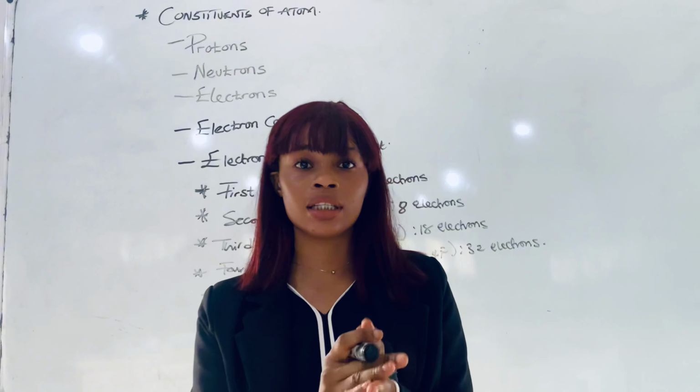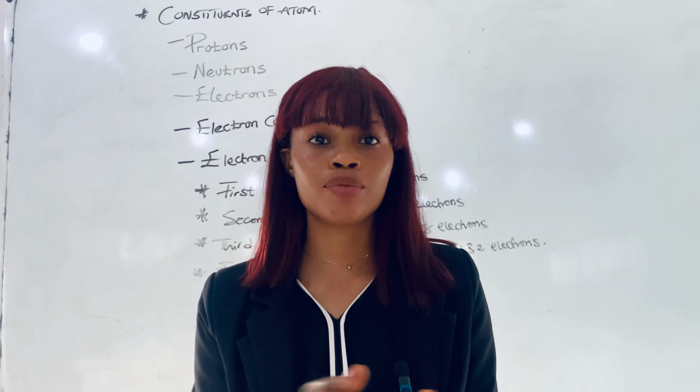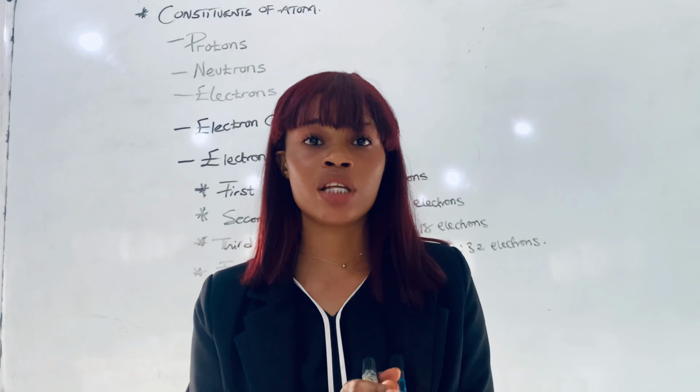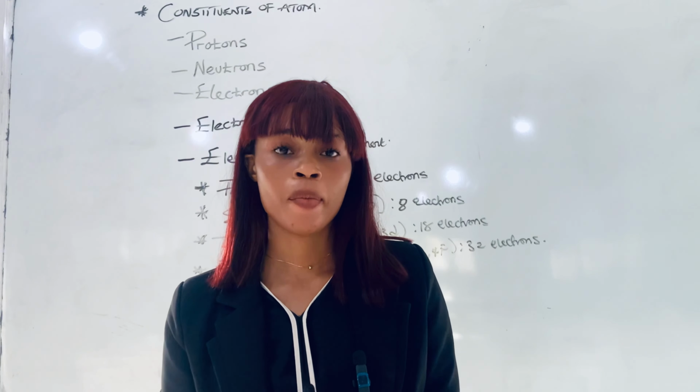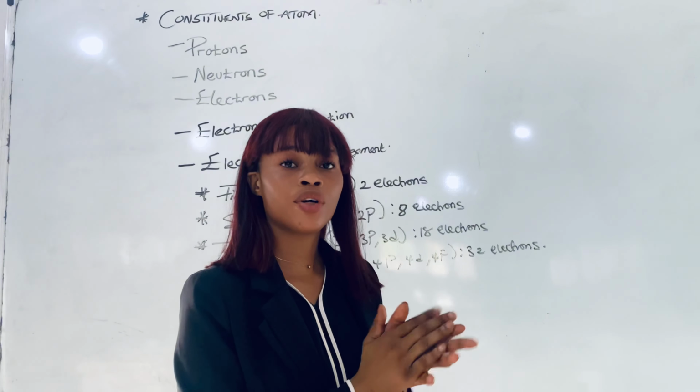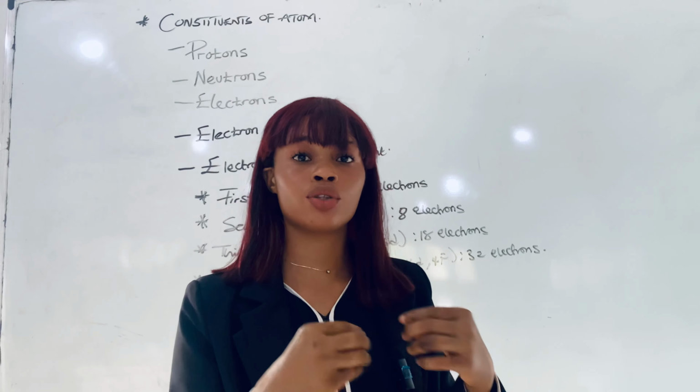We're going to take some examples on how to arrange electrons around the nucleus of an atom using our elements as examples. Example 1: we just defined electron configuration, the arrangement of electrons around the nucleus of an atom.